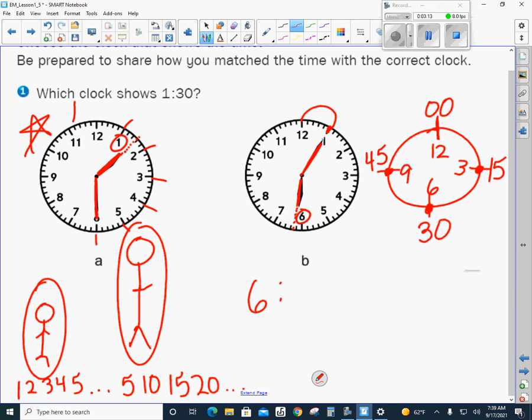Now, when we write 5 minutes, we have to write 05. We always have to have 2 digits in that minute spot. And so if it's just a 1-digit number like 1, 2, 3, 4, 5, or through 9, we have to write the 0 first. A lot of times we see boys and girls write the time like this, and that would be incorrect. We got to write it 6:05.